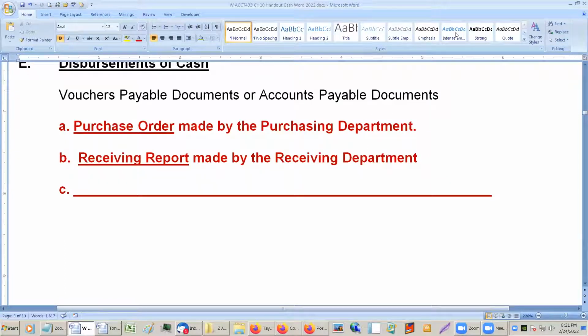So they put in the order. And when the order arrives at the business, it'll go into the receiving department.